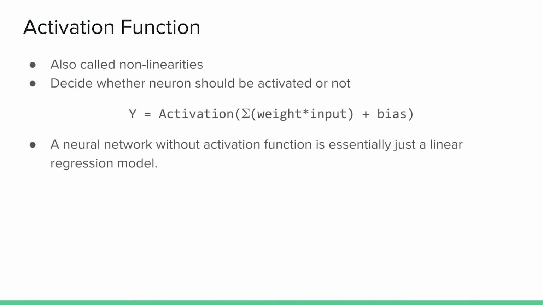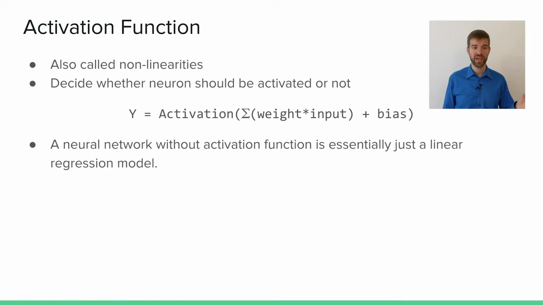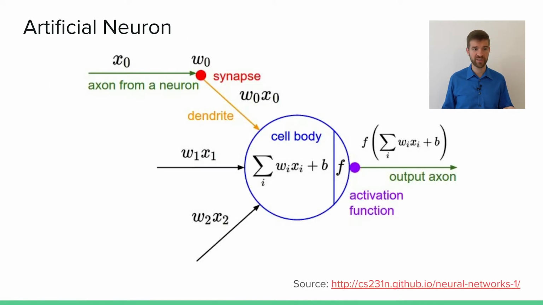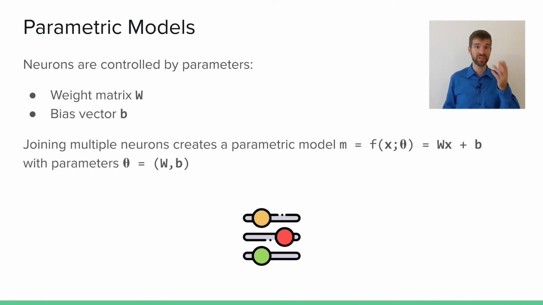The activation function is also called nonlinearity and is an essential part of a neural network. Why do we need an activation function? If you think about this for a second, we just multiply with a matrix W and then add a term B. You can represent this as a single matrix multiplication, and if you don't have any nonlinearities in your model and you apply the same thing a second time, you could merge those two matrices together and solve this with just a single matrix multiplication.